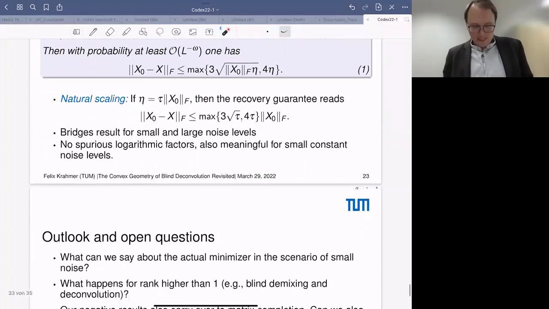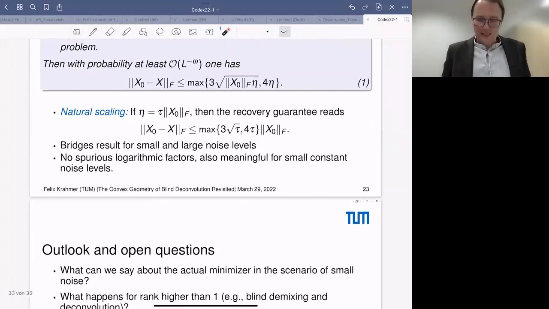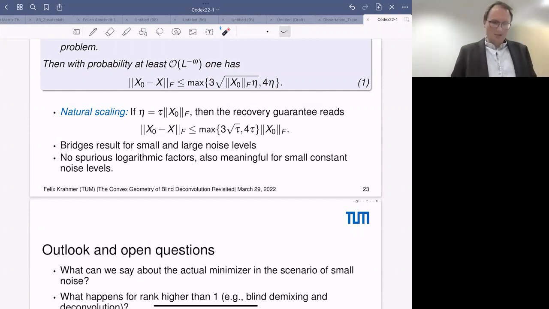So in that sense, this really gives us an understanding of what's going on, because this is a bound that really tells us how things are going to zero and at what speed, and it's not contradicting these previous results that had these dimensional factors, because we never said how small the noise level would need to be.